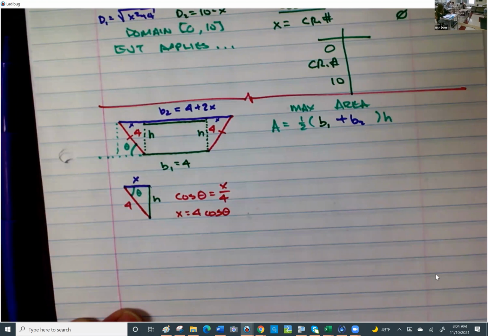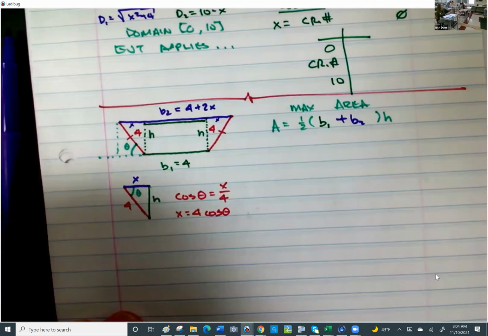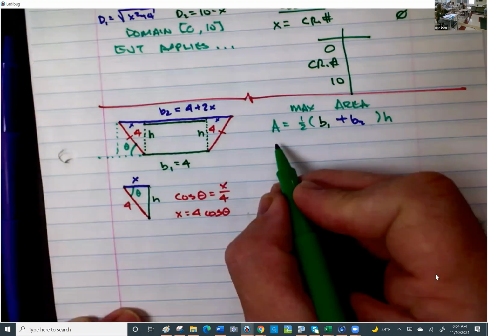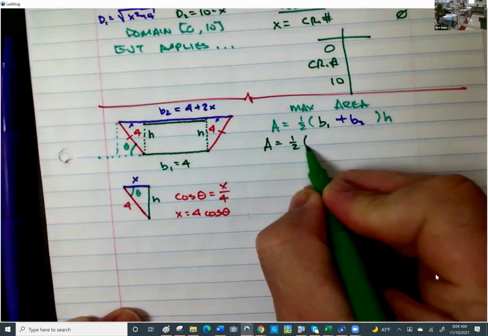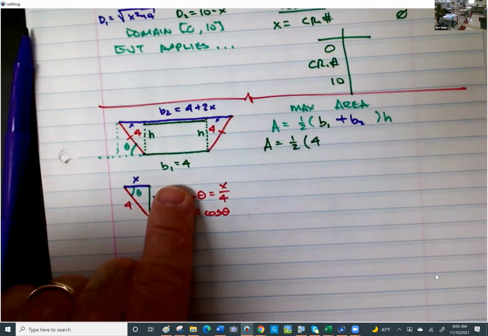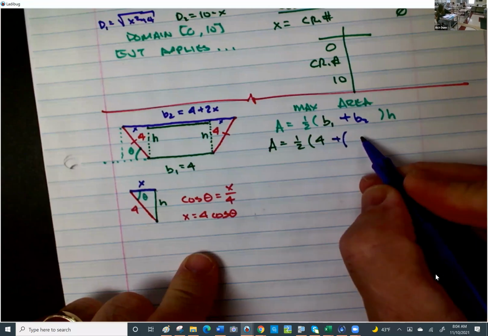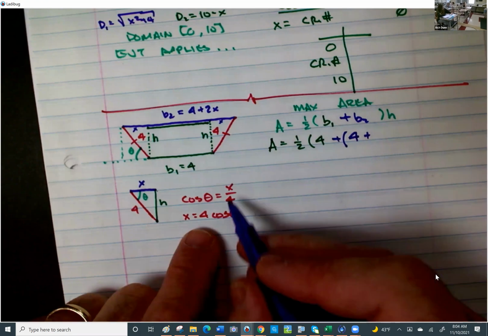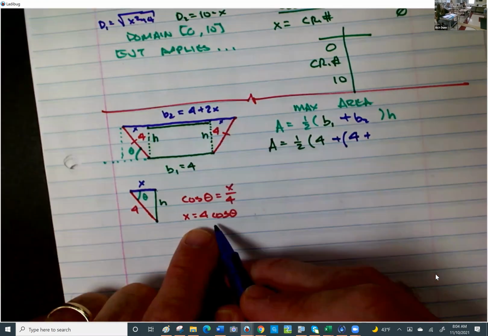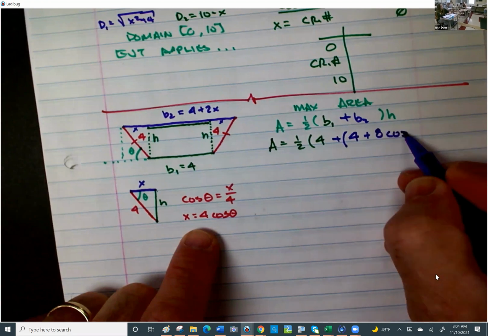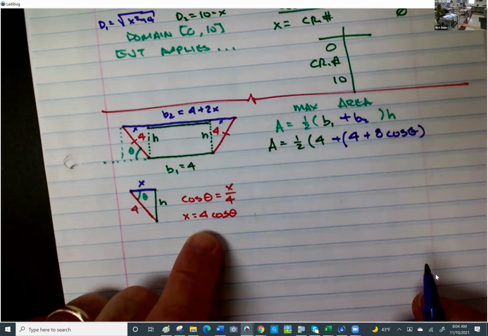Now I can write my equation for B with the theta in there. So I'm going to go back up here. Area equals 1/2. My B1 was 4 plus, this is all of B, 4 plus, and then can I do that math in my head? 2 times the, so this would be a 4 cosine theta.